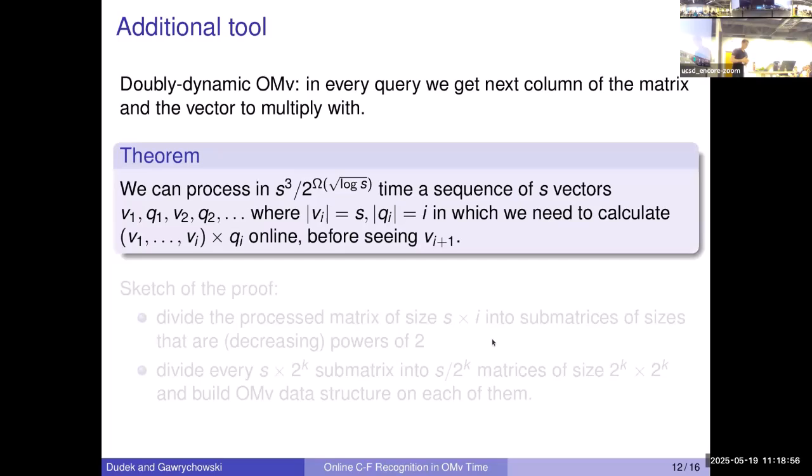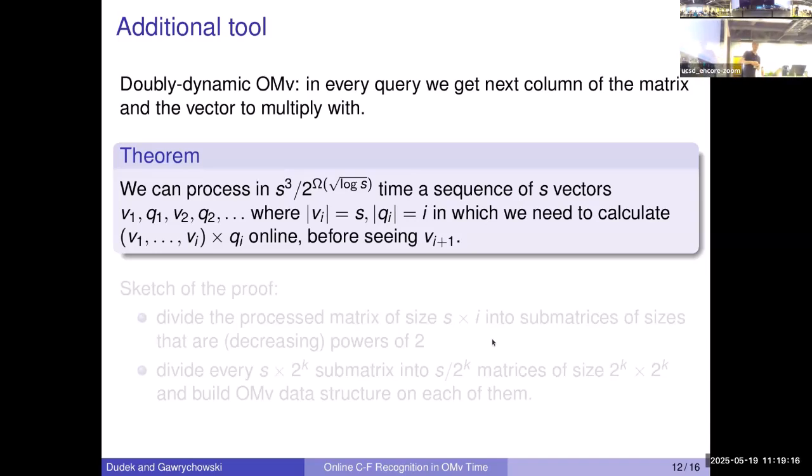Formally we process in this time, so every time we aim at this running time, there will be a sequence of vectors such that we get a new vector of the matrix and a new query vector.